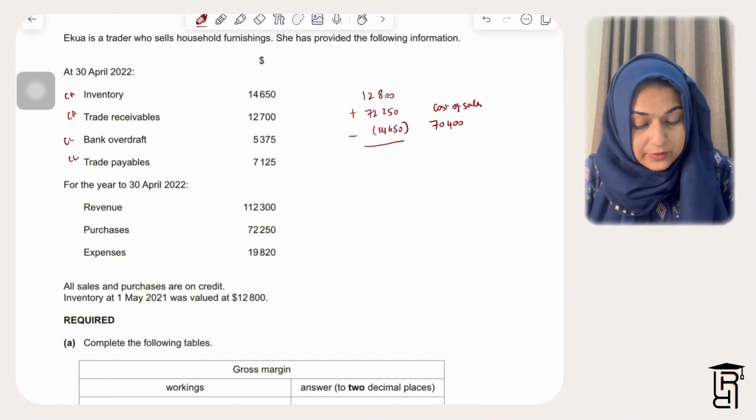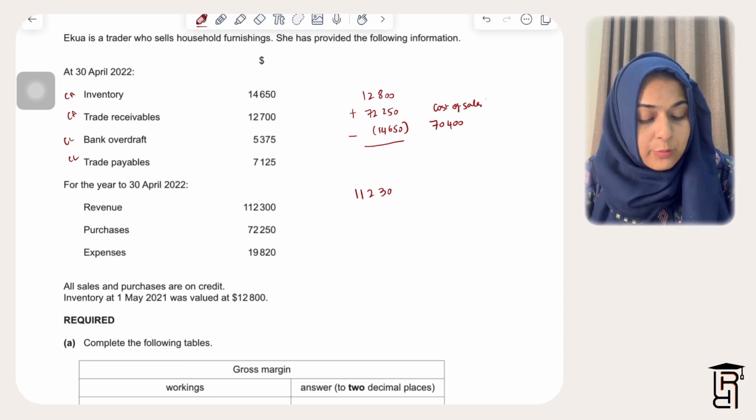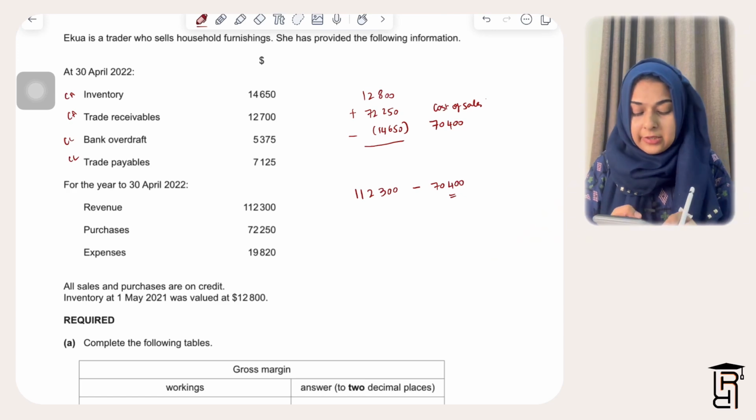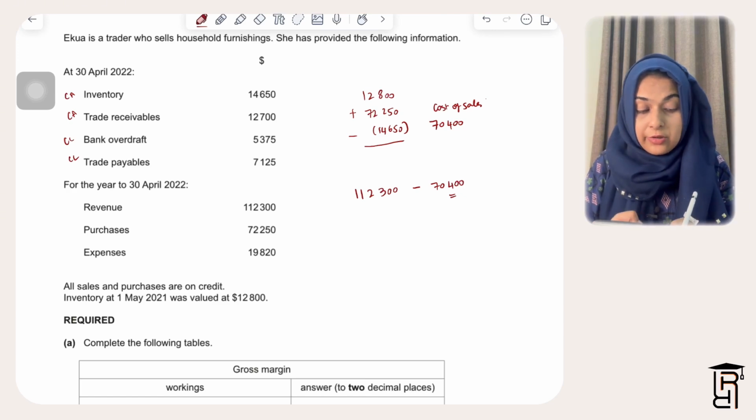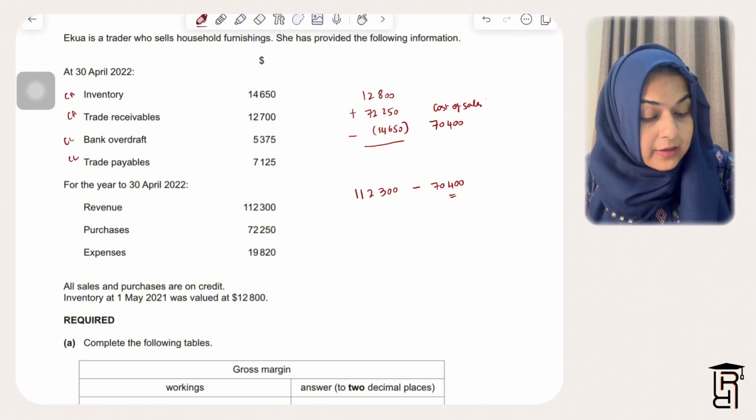Revenue minus cost of sales will give me gross profit. Revenue here is 112,300 minus cost of sales 70,400. You get gross profit, that is 41,900. This is my gross profit.